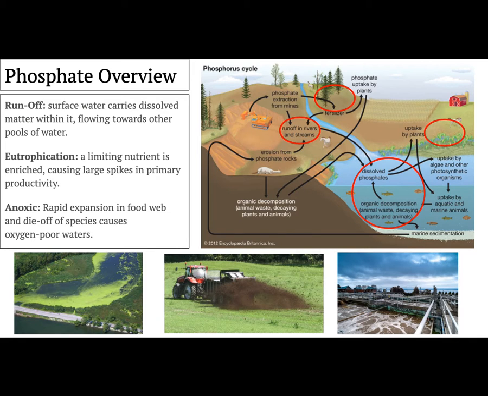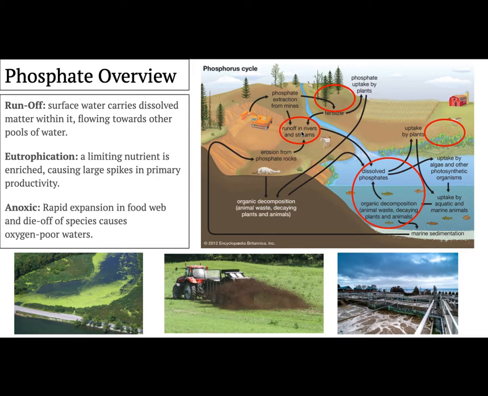So a couple key words that you can define on the first page that I'm giving you: runoff, eutrophication, and anoxic. Runoff is just the idea that when water interacts with surfaces on the earth, especially impervious surfaces like asphalt or pavement or roads, it moves.